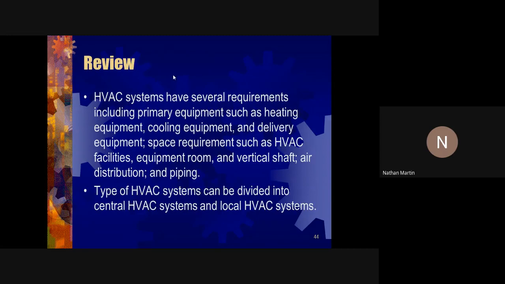So reviewing the system, we said basically an HVAC system has several requirements, including primary equipment, right? This primary equipment involves heating equipment, cooling equipment, and delivery equipment. Your space requirements, such as HVAC facilities: you're going to need to determine if you're going to have a central unit or a split unit.